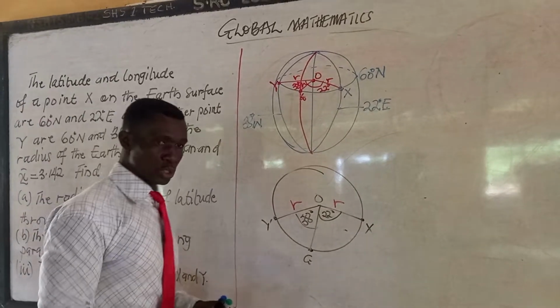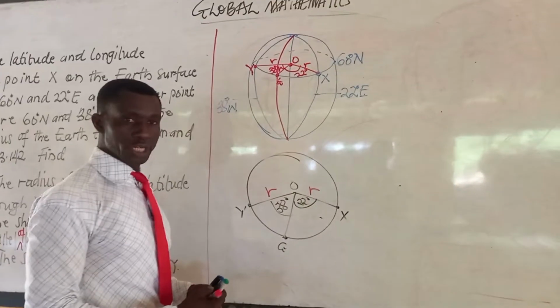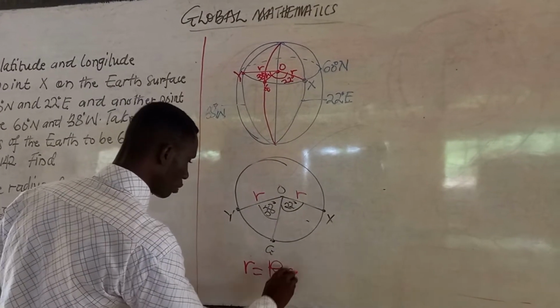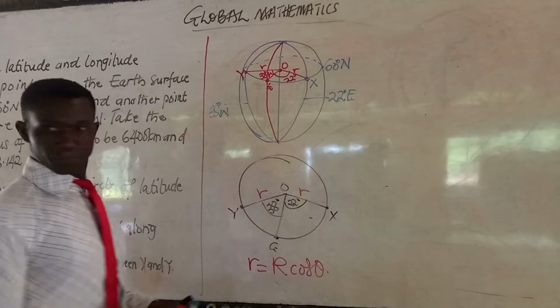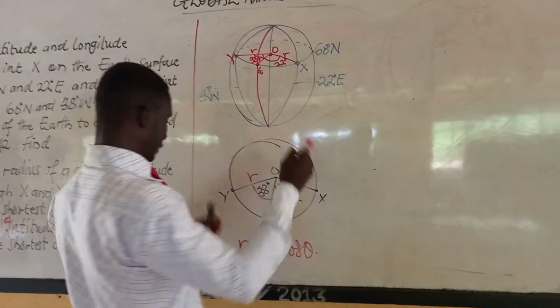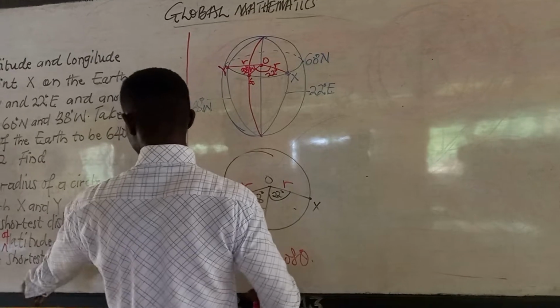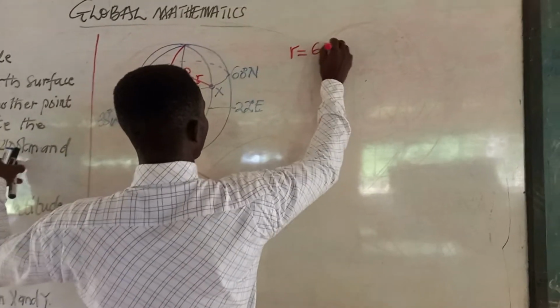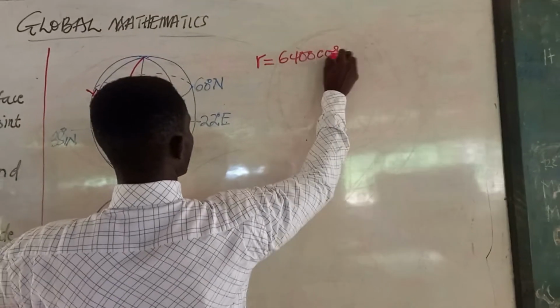How do you calculate the radius? In the first video that I made, I indicated that the small r is equal to capital R cos theta. So capital R is given in the question as 6,400. So small r is equal to 6,400 cos the angle.